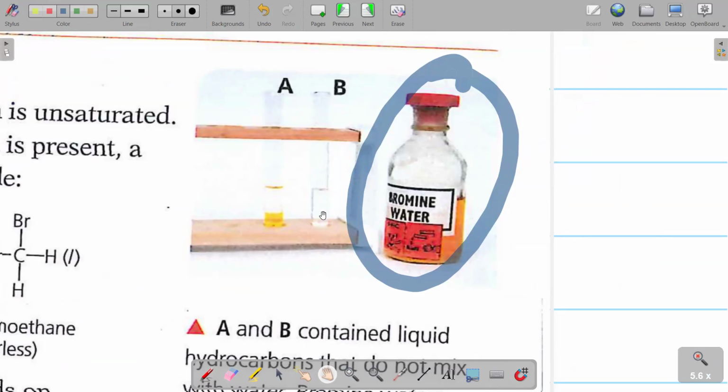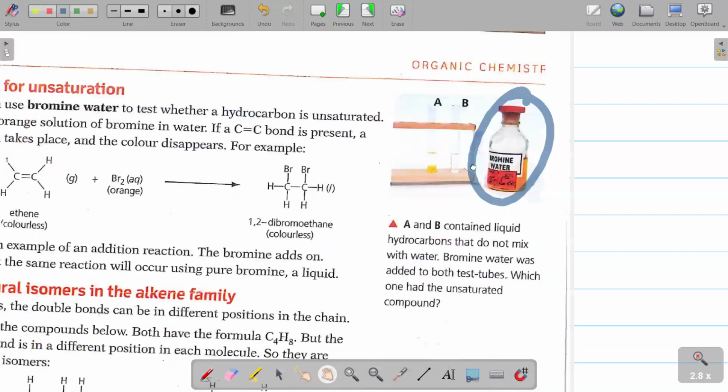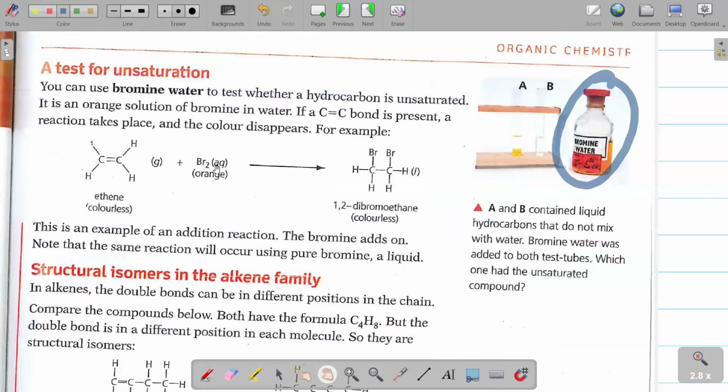You can see in test tube B, the solution is colorless. So that means this was unsaturated. While in A, the color remains. It means no reaction with bromine water. So that was the saturated compound. Is it clear? Yes.